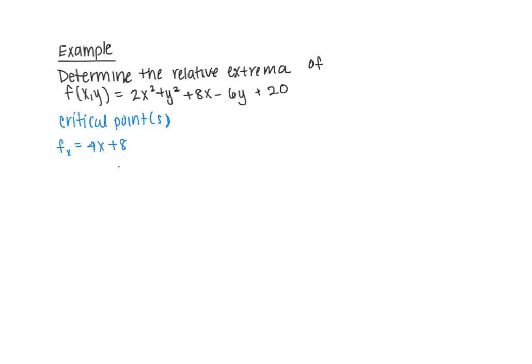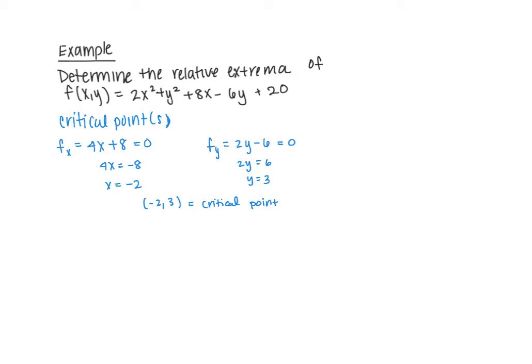And my partial derivative with respect to y is going to be 2y minus 6. And so I can set each of these equal to 0, and I get x is negative 2 and y equals 3. So the point negative 2, 3 is a critical point.